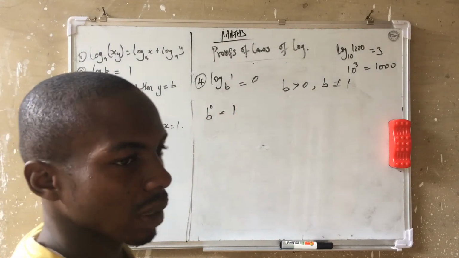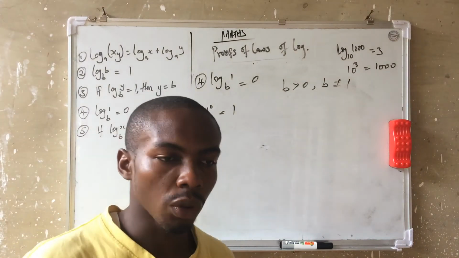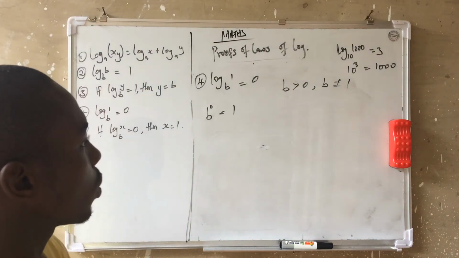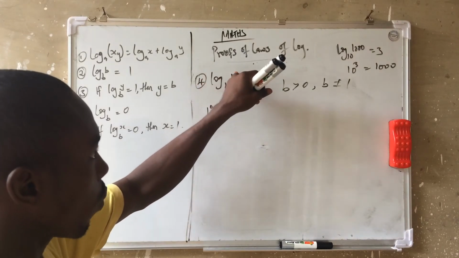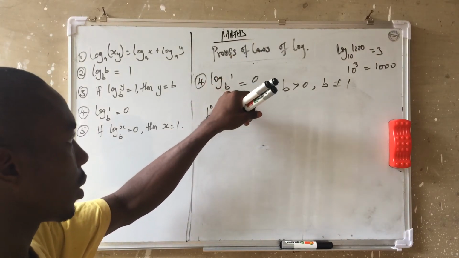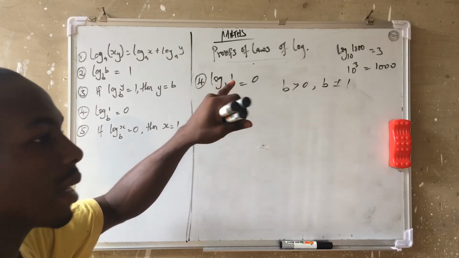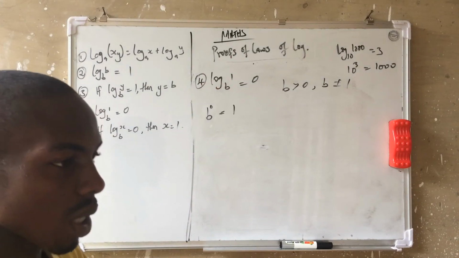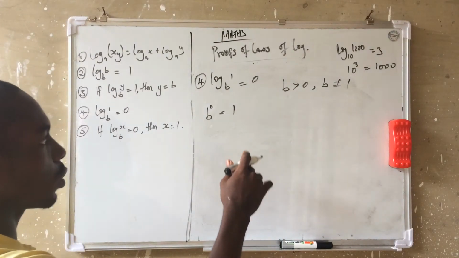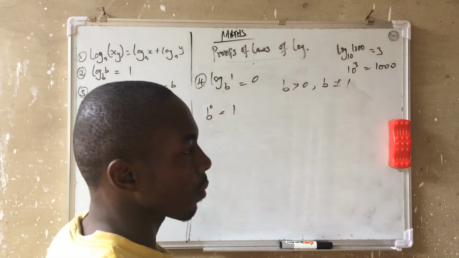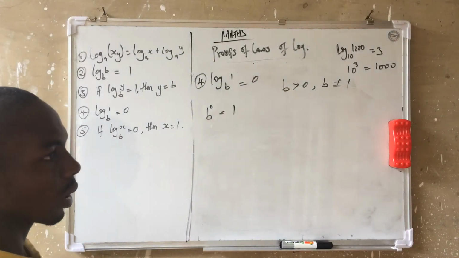And with the knowledge of mathematics that we have, that anything raised to the power 0 is 1, it is easier for us to see and understand that b raised to the power 0 is 1, meaning that log of 1 to any base is what? 0. Because when you take the power of 0 to any number, you get back 1.